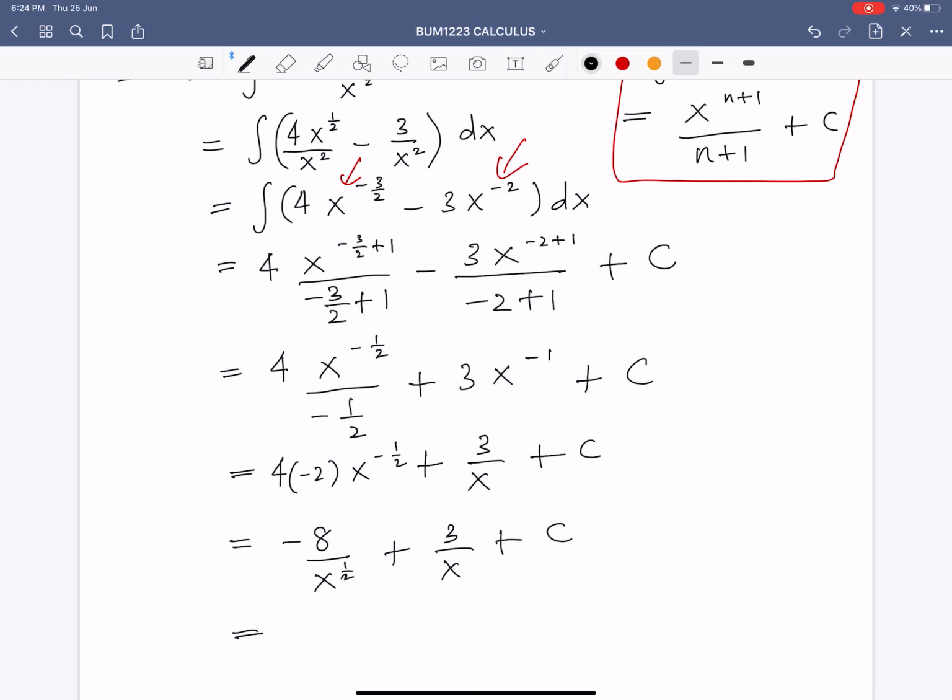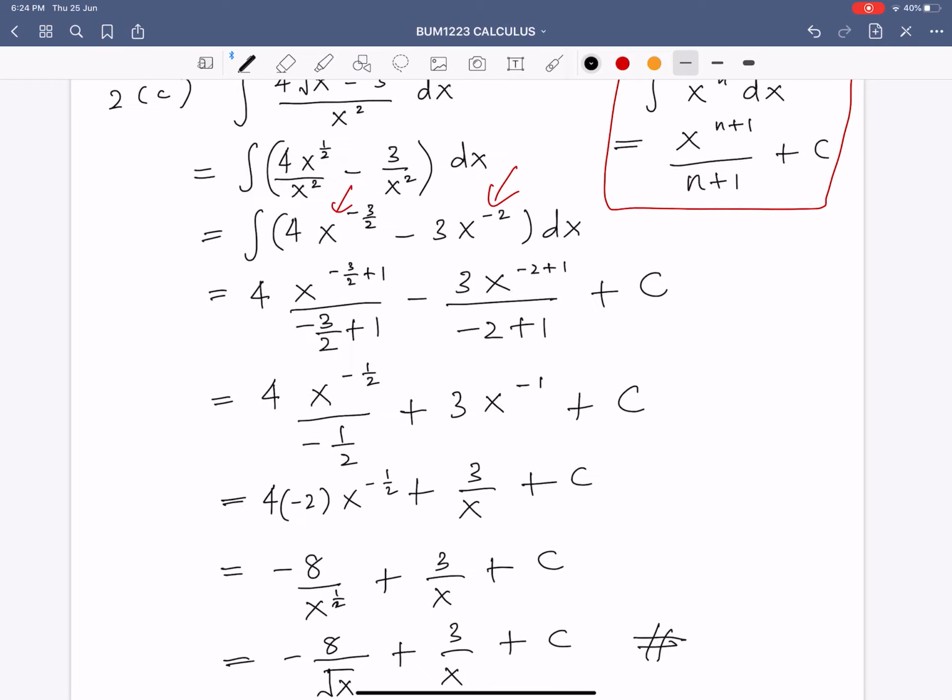Or you can also rewrite it as negative 8 over square root x plus 3 over x plus c. Okay, so this is our final answer for question 2C.